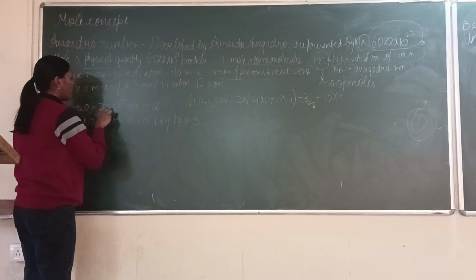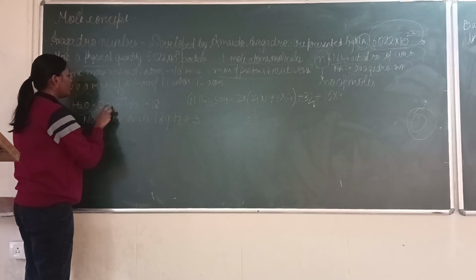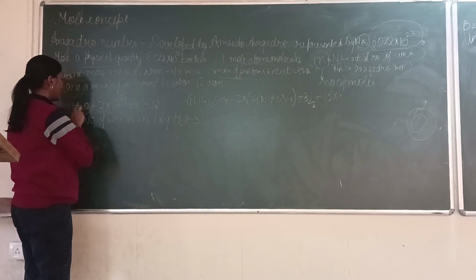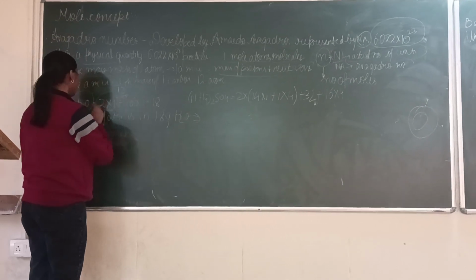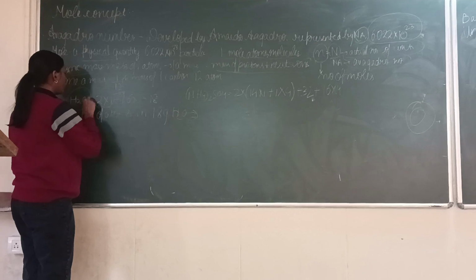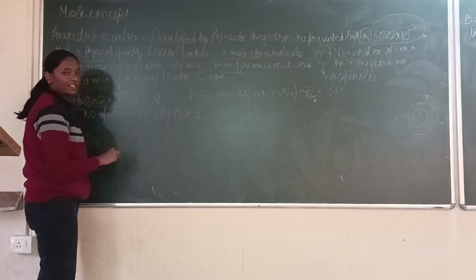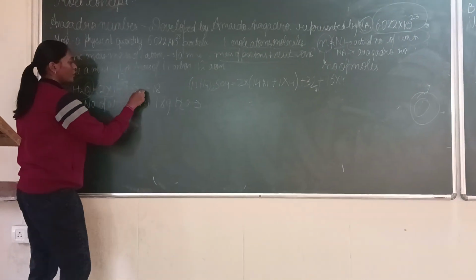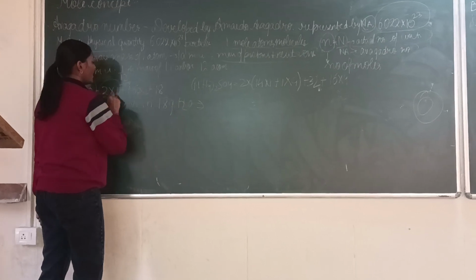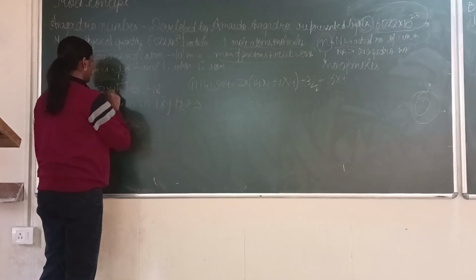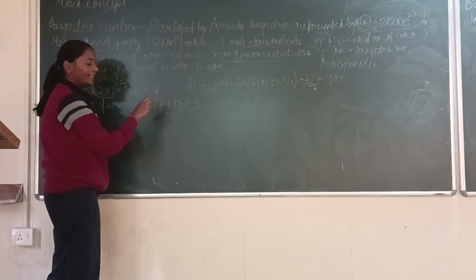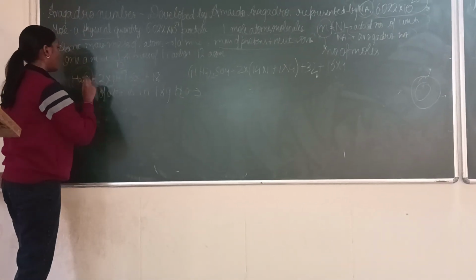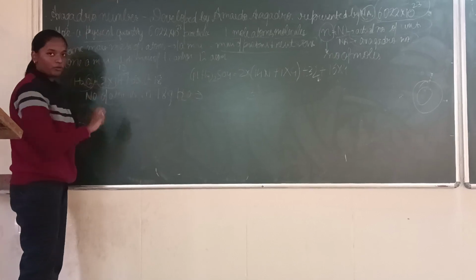The atomic mass of hydrogen is 1, so you will multiply it by 2 as it has two atoms. Then you will add the atomic mass of oxygen. Oxygen has 1 atom, so you multiply it by 1 only. When you take the total sum, you will see that 2 into 1 plus 16 into 1 equals 18. So 18 is the molar mass of H2O.